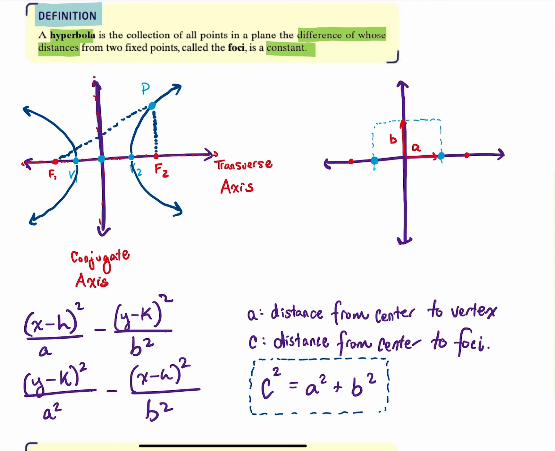This would be the same distance B going downwards. So hyperbolas have two asymptotes that crisscross each other, go through the center point, and go through the corners of this box that's created.